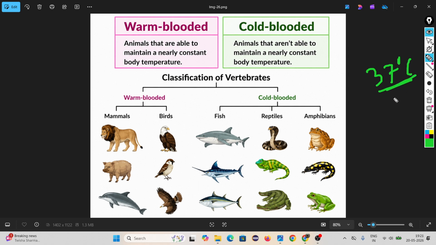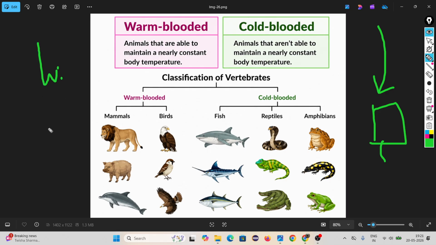Around 37 degrees Celsius, which is 98.6 Fahrenheit. Suppose summer season is going on, our body temperature is that. In winter also that. In rainy season also that. Our body temperature never changes.